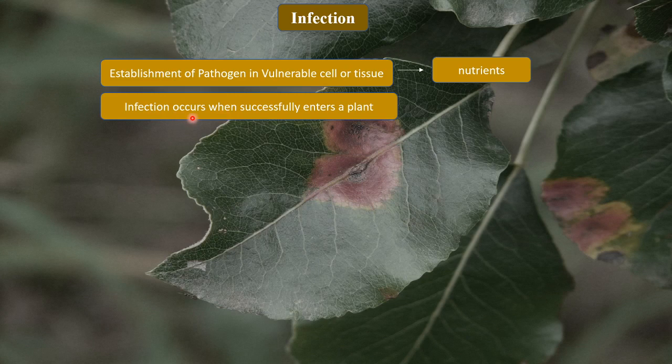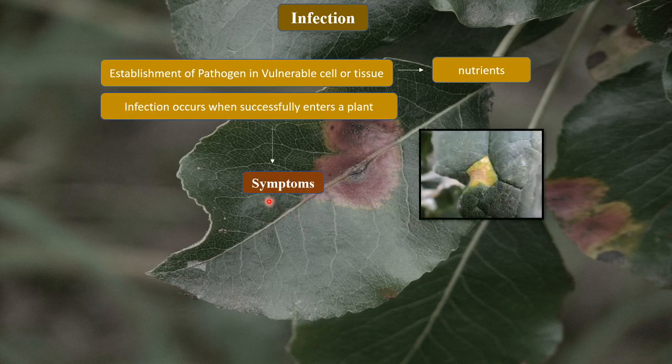So for infection to occur, the first and foremost requirement is penetration, right? If penetration has occurred successfully, the plant is going to get infected. Now this infection will lead to the appearance of symptoms, right? Symptoms are the visible appearance that we can see on the plant.